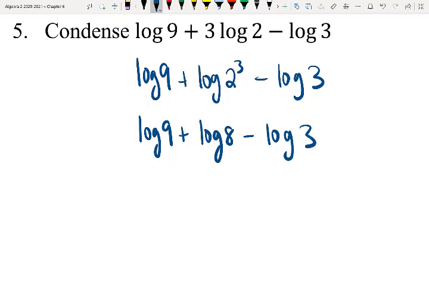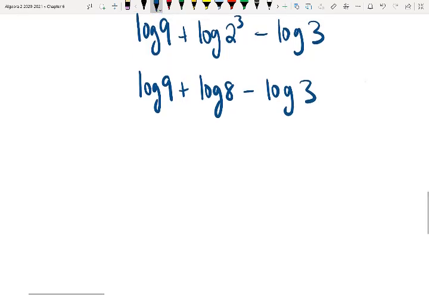Now for addition and subtraction, it's just going from left to right, just like in order of operations when we get to the multiplication and division step, we just work left to right.